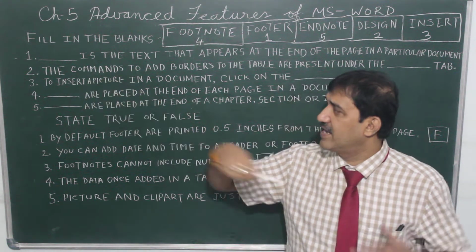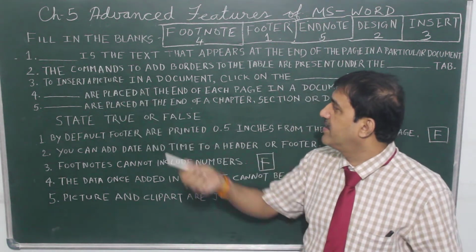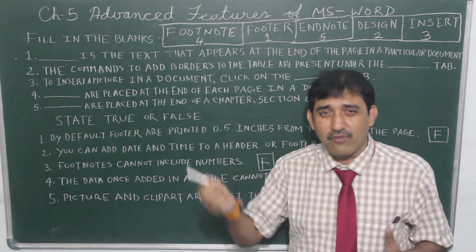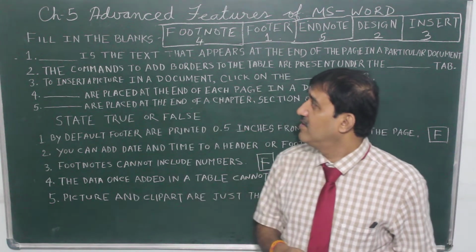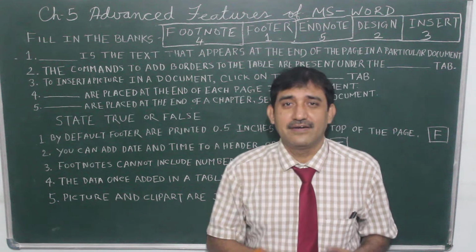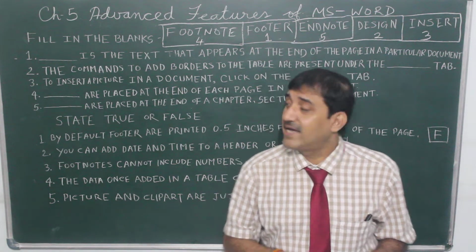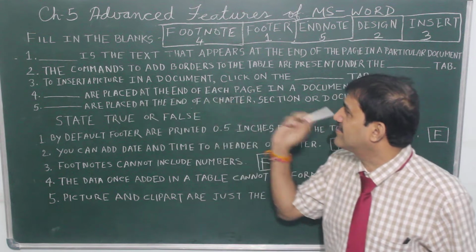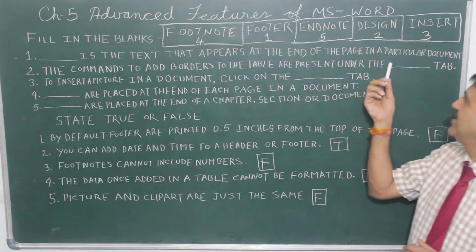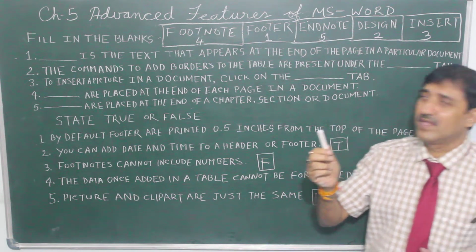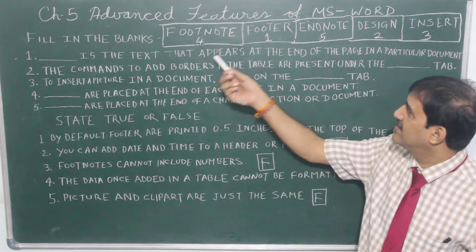The first thing that can come is solving the exercise at the end of chapter 5. You find: dash is the text that appears at the end of the page in a particular document. So the answer is footer.